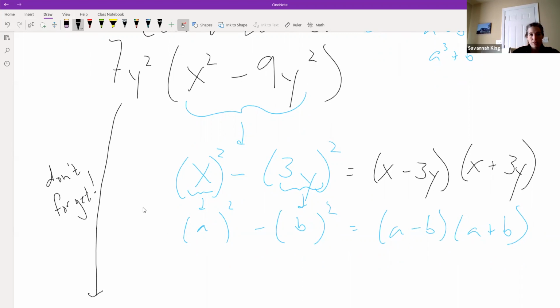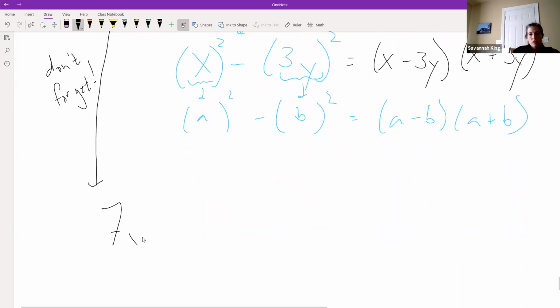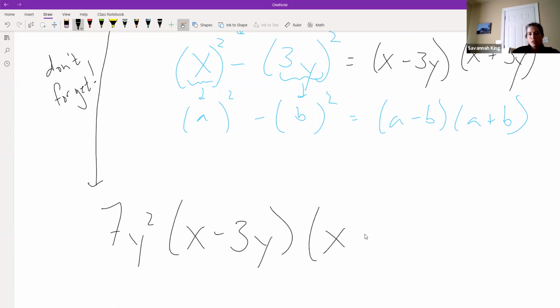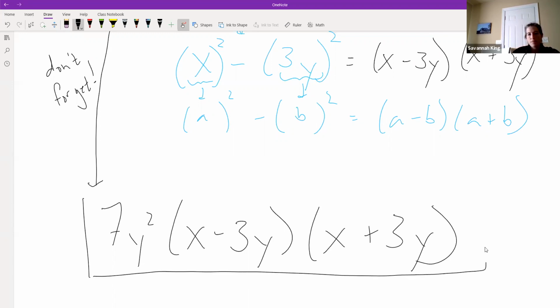You don't want to forget that 7y squared, as I just did. And then the result of our difference of two squares looks like that. So all together, this is what we have.